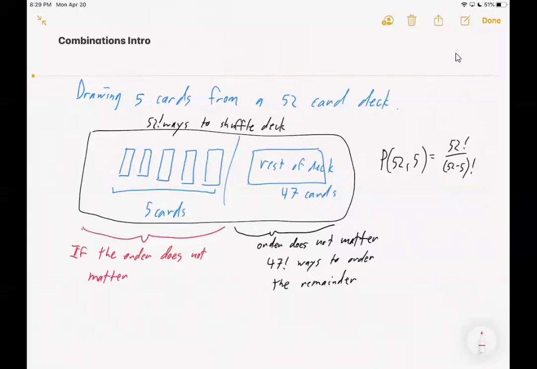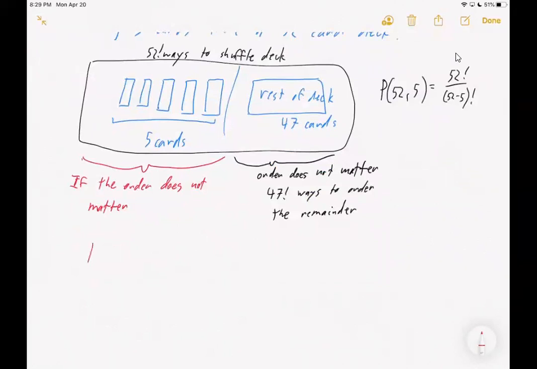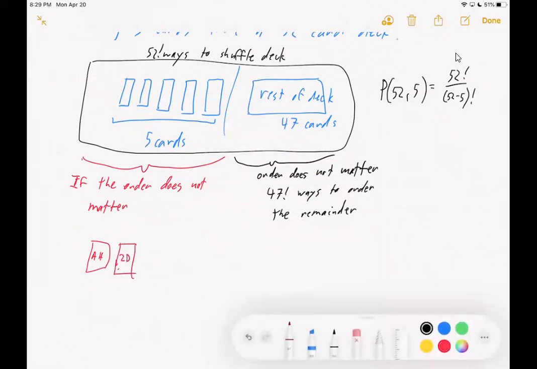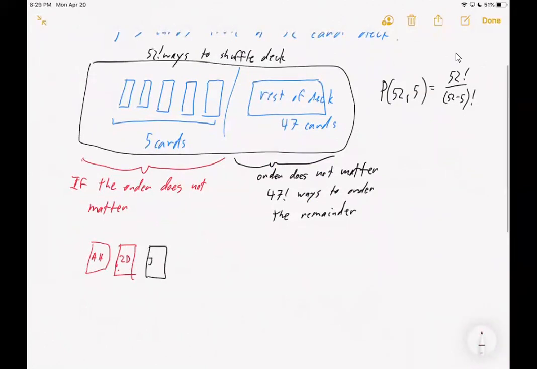Okay, so you pick up your cards and, maybe you have an ace of hearts, and then you have a 2 of diamonds, and then, we'll throw in some black cards here, and you have a jack of clubs, and you have a 4 of spades, and you have a 3 of clubs.